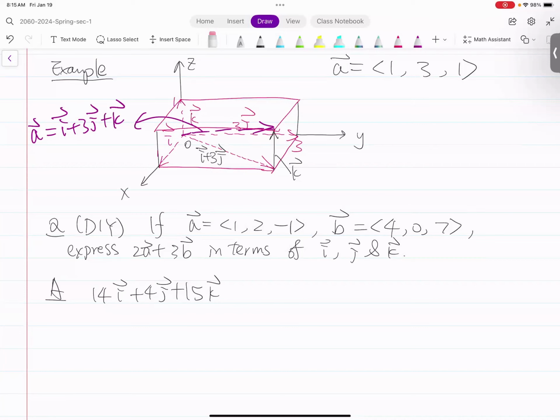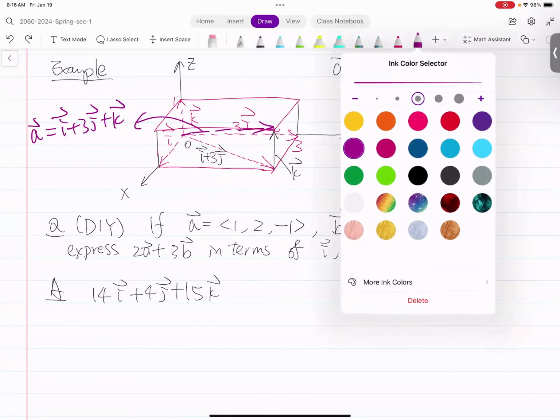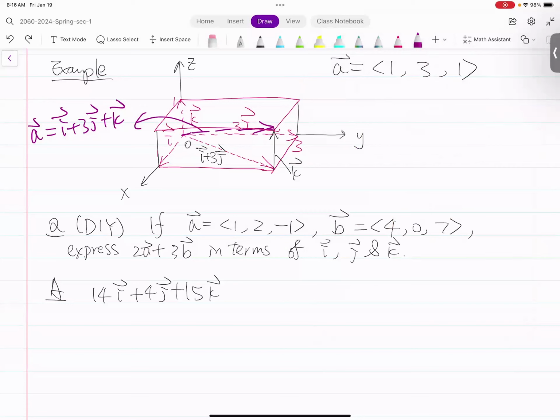So this point is (1, 3, 1). Let's just write it down. This is the destination of the vector, which is the head, and that's the point in round brackets 1, 3, 1.